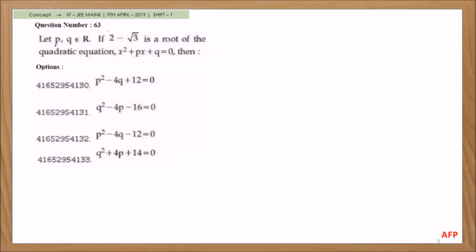Next problem: if p and q belong to real numbers, and 2 minus root 3 is a root of the given quadratic equation, which of the conditions holds? If one irrational root is given, the other irrational root can easily be found. The first root alpha is 2 minus root 3, so beta will be its conjugate, 2 plus root 3.